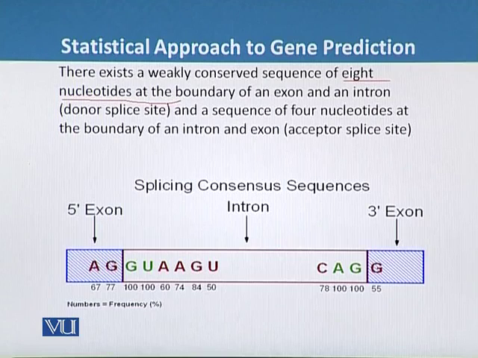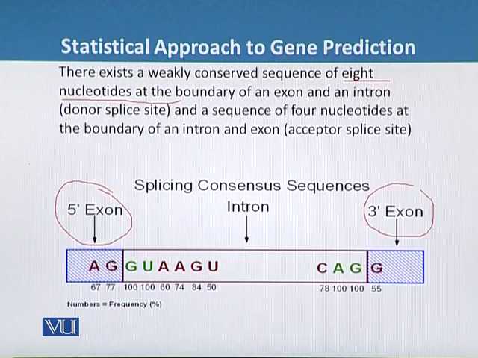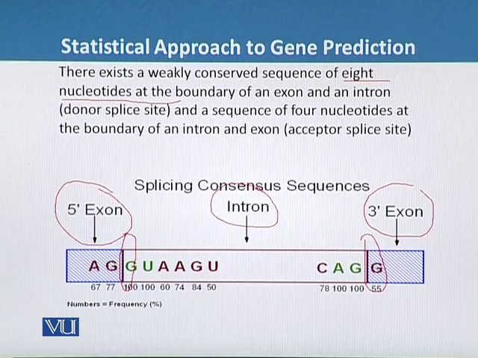We can see in this diagram that there are 2 exons and 1 intron, and at the boundary of exon-intron we have a conserved sequence of 8 nucleotides.